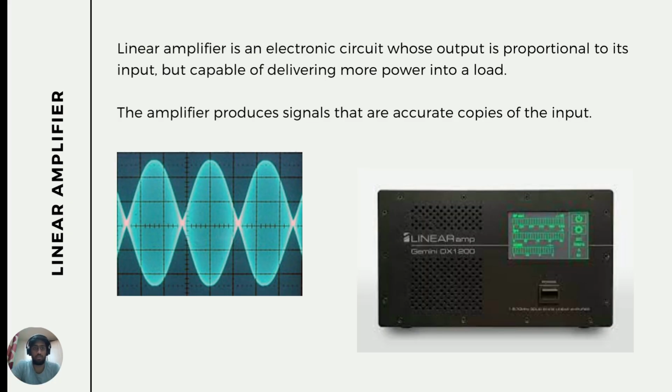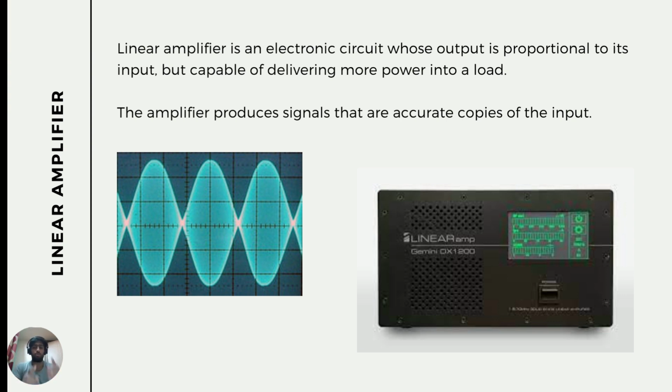A linear amplifier is an electronic circuit whose output is proportional to its input, but capable of delivering more power into the load. So in a linear amplifier, the output is proportional to its input.